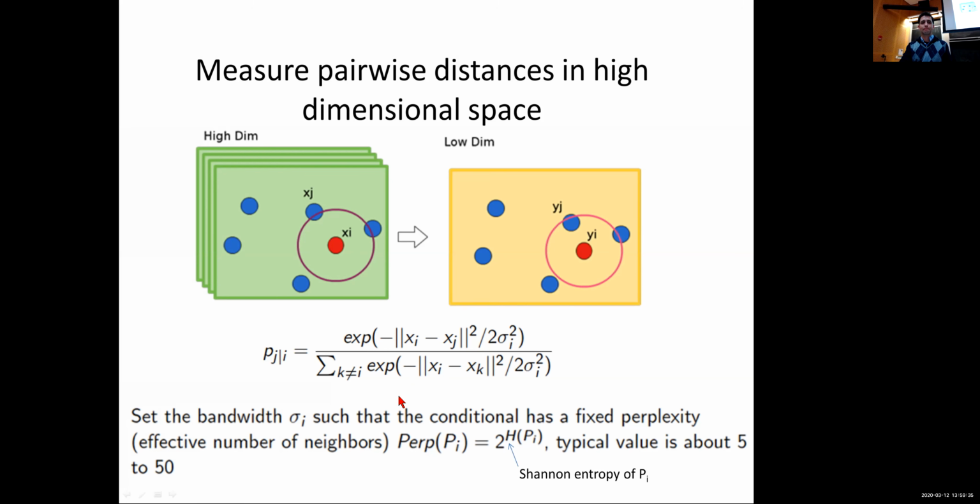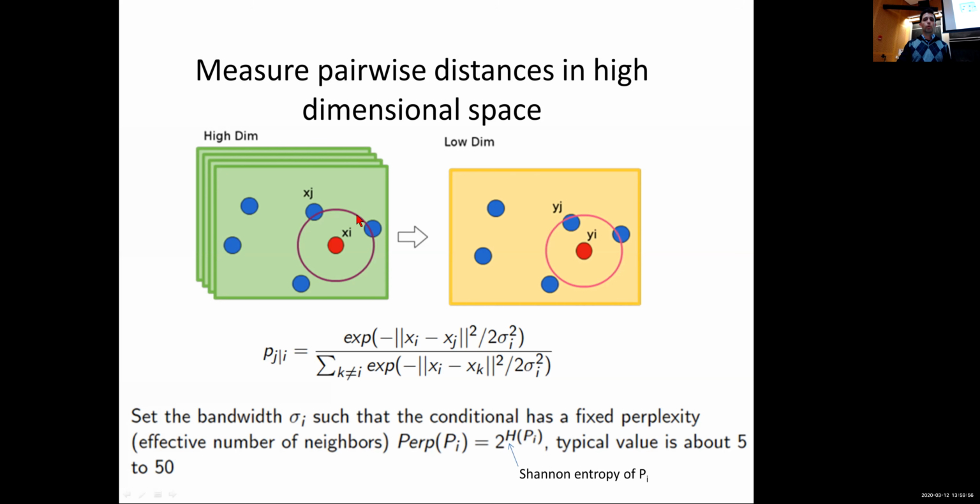Okay. So I'm going to be setting a bandwidth surrounding my points such that this conditional here has a fixed perplexity. And the perplexity you can think of as the effective number of neighbors of my point.